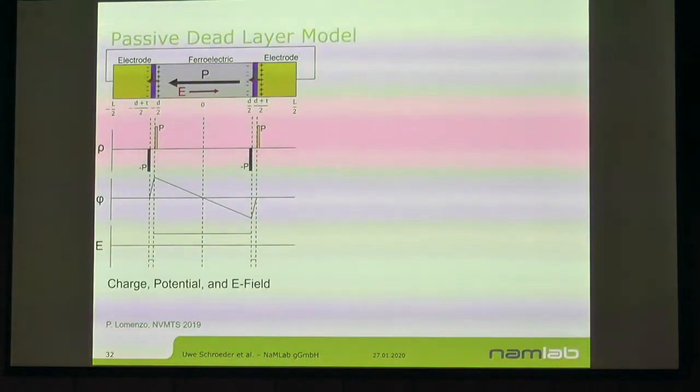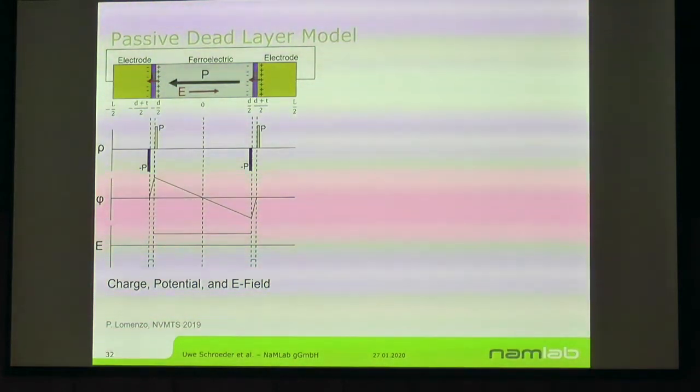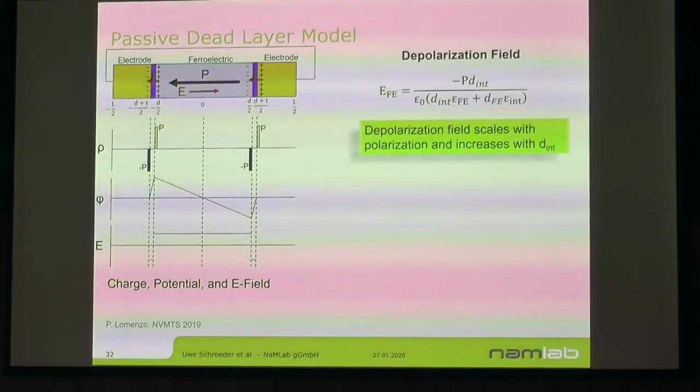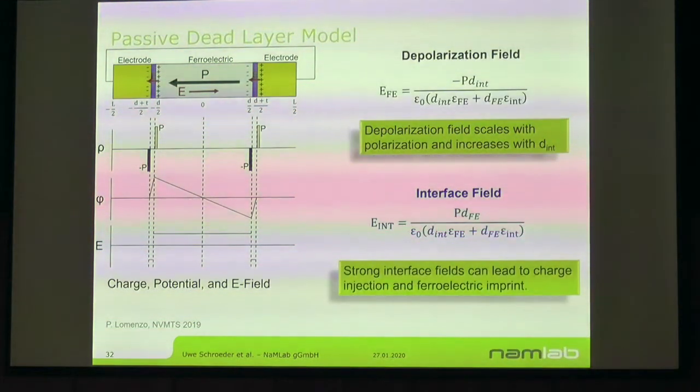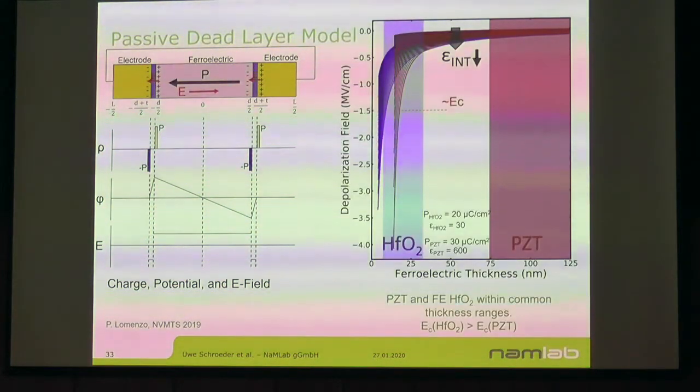relaxation effects. And in the second model, we included a dead layer in between our ferroelectric material and the electrode. Again you can calculate depolarization fields and interface fields, which are important for charge injection into these interfacial layers. And again, you see that the depolarization fields are quite large, again for these thin films getting above the coercive field of the material, but they're very similar to the PZT case.